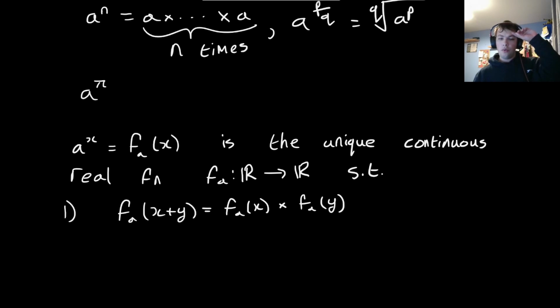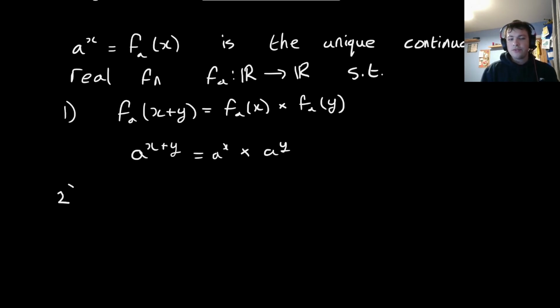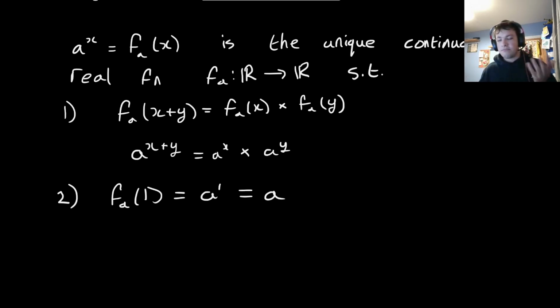This is one of our laws of exponentials: a to the x plus y is a to the x times a to the y. And we also want f_a of 1, which is a to the 1, to equal a. My claim is that nothing else satisfies these properties other than a to the x, so we can construct a to the x using these rules.